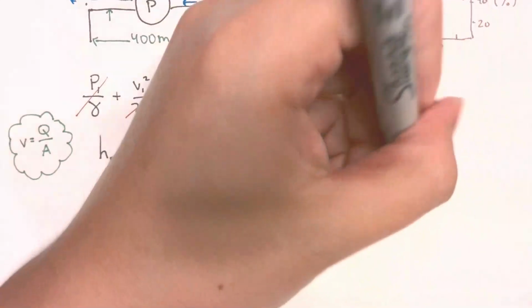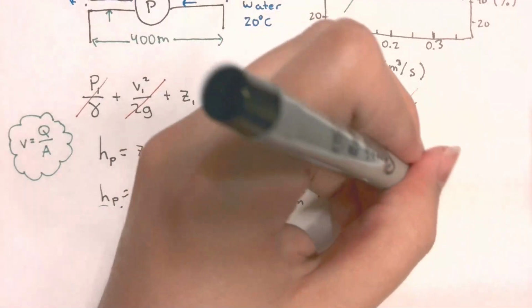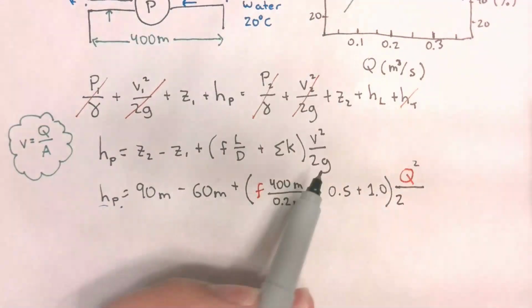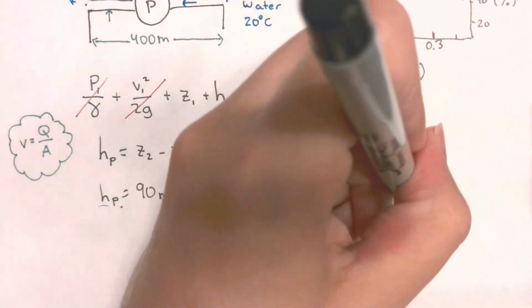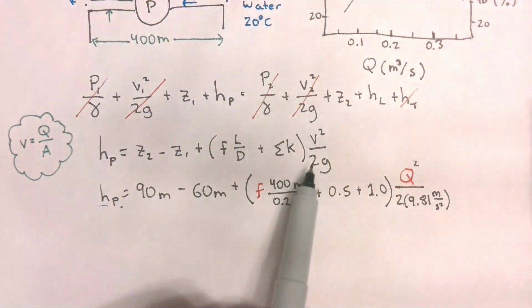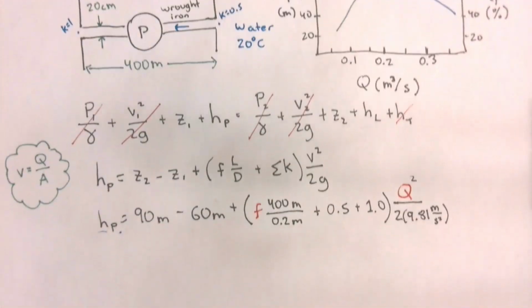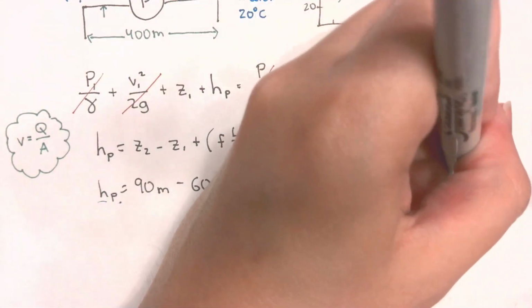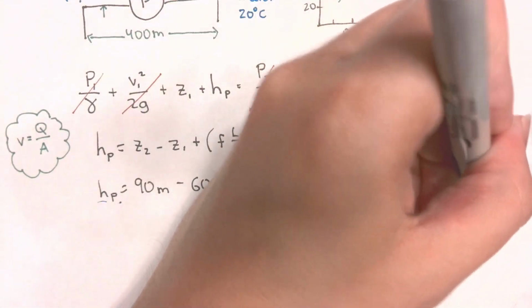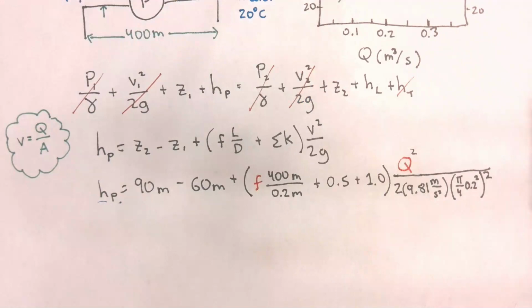So that gives me an unknown flow rate squared, divided by 2 times gravitational acceleration times the area squared. In this case, my pipe has a diameter of 20 centimeters, so my area will be equal to pi over 4, 20 centimeters squared, and the whole thing also has to be squared. All right, so far so good.